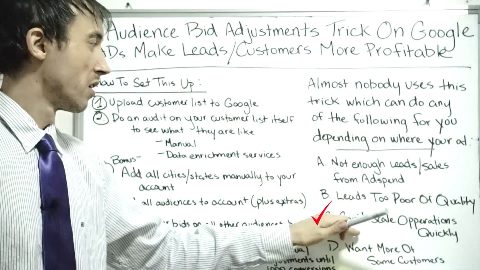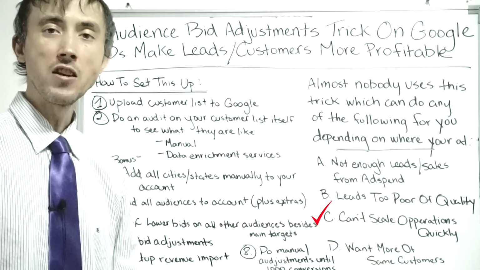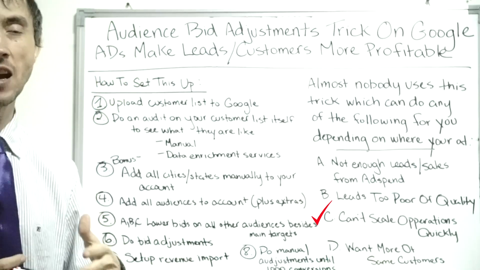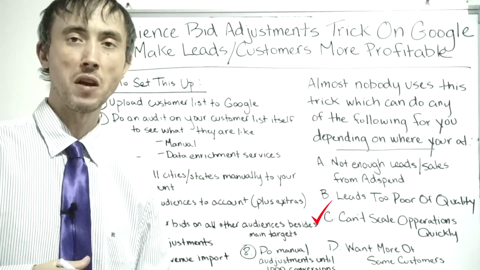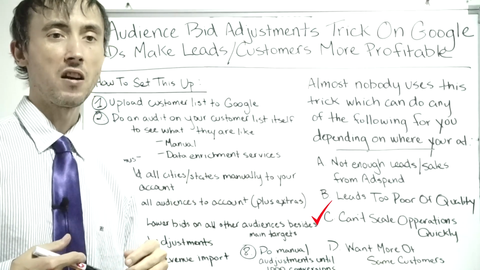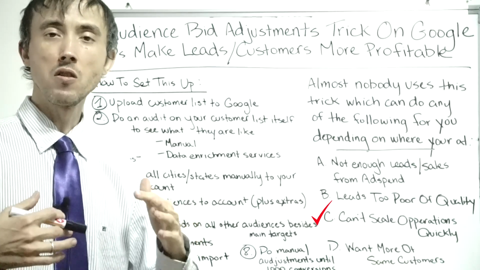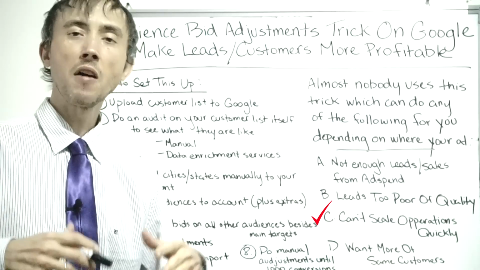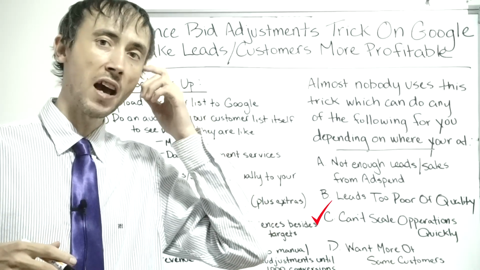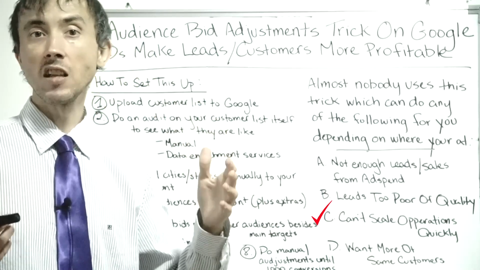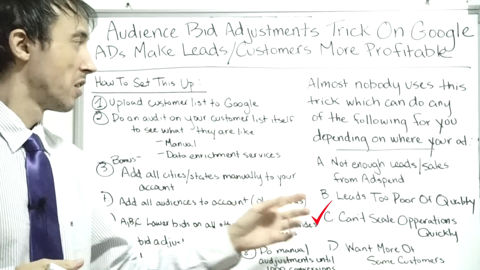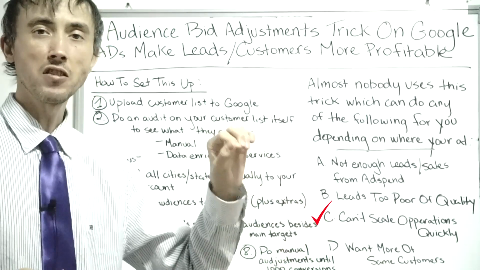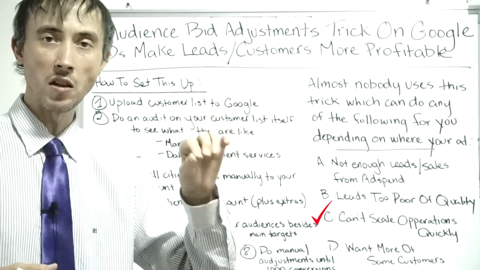Or if you can't scale your operations, which a lot of you guys probably aren't in this situation, but if you're in a situation where you can't handle all the work that's coming in, or you don't have enough operations to get all the work out, or you're out of stock or whatever, this will actually make sure that the customers you have coming in are higher quality.